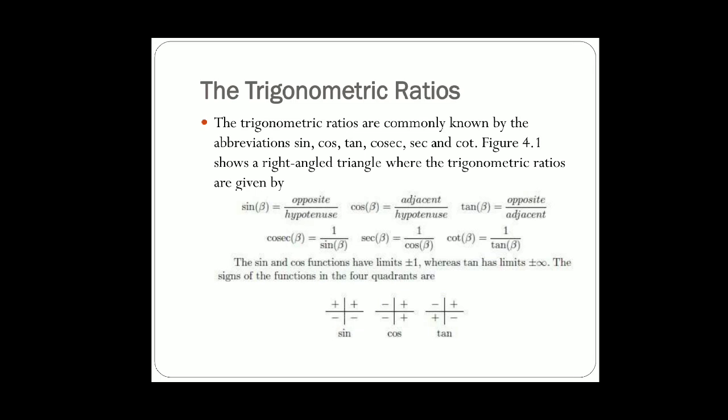Now the signs of functions in 4 quadrants. You have 4 quadrants in your graph, so it is like plus plus, plus minus, minus plus and minus minus. For sine you have plus plus, minus minus; for cos you have minus plus, minus plus; and for tan you have minus plus, plus minus, so the opposite of cos.